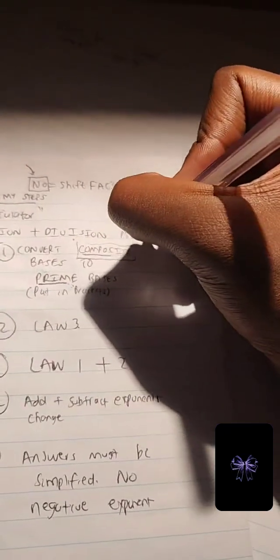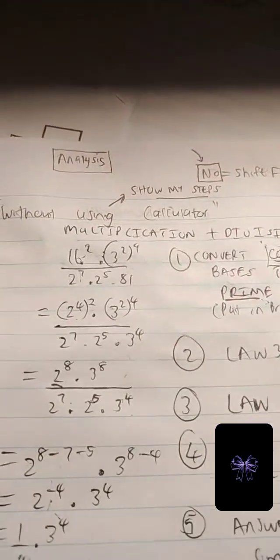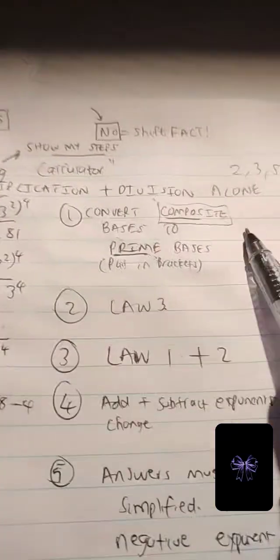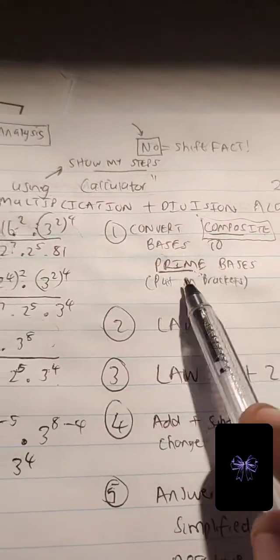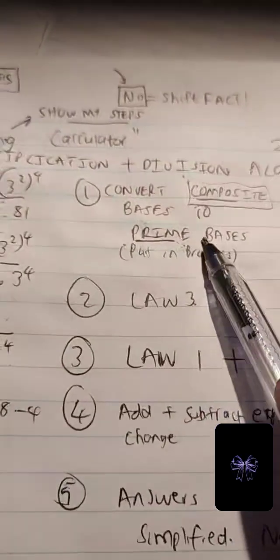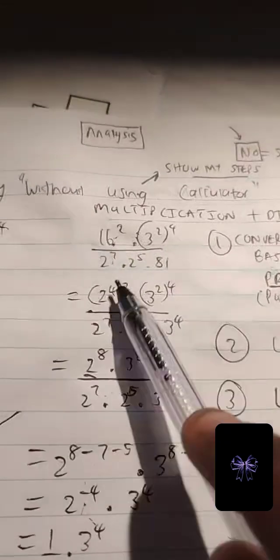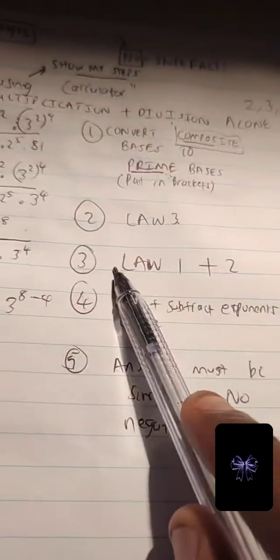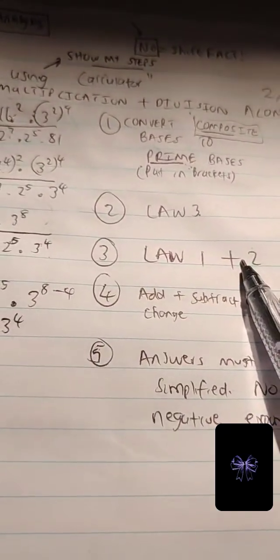When it's multiplication and division alone, then all composite bases, if it's numerical bases, we convert them to prime bases. Initially you put those in brackets so that you can accommodate whatever exponents are outside. After doing so, you apply law number 3 as we did there. We got 2 to the power 8 and 3 to the power 8 as a result. Then we apply a combination of law number 1 and 2.